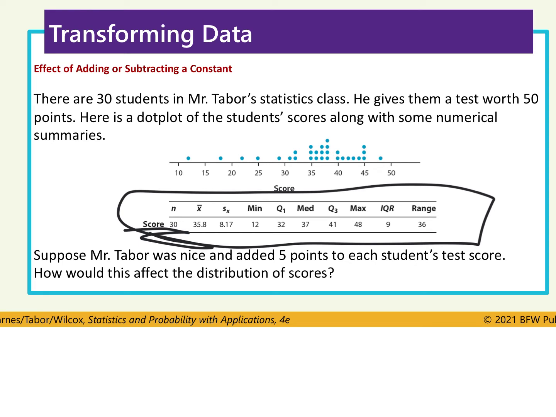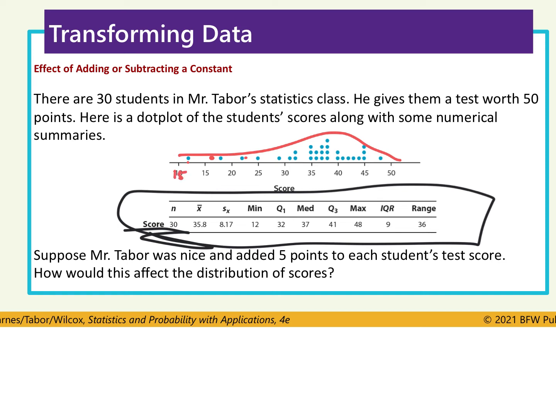How is adding 5 points to everybody's score going to change the shape of the dot plot? If I just add 5, this point here moves to here, right? It's just moving everything over, right? It doesn't change that shape.